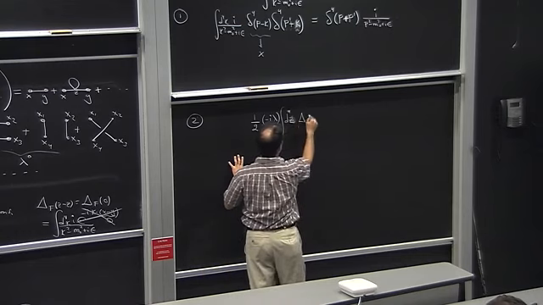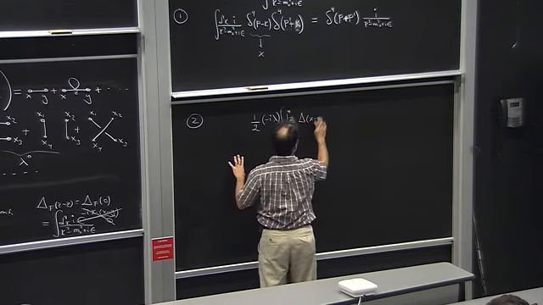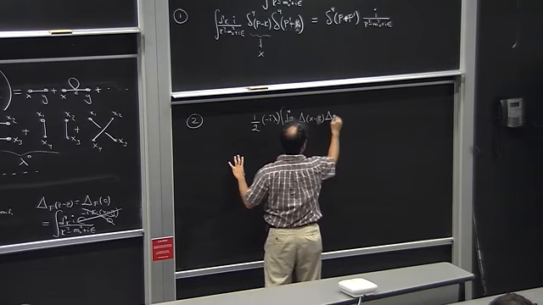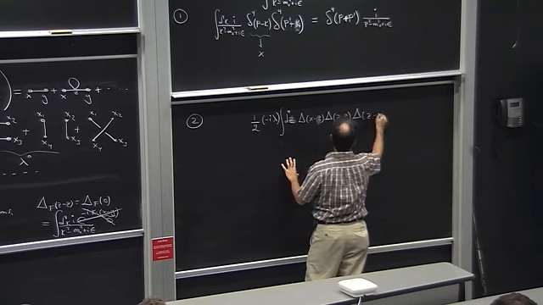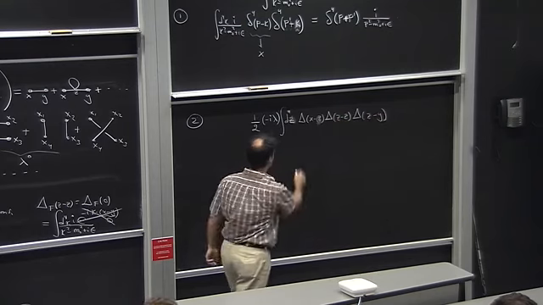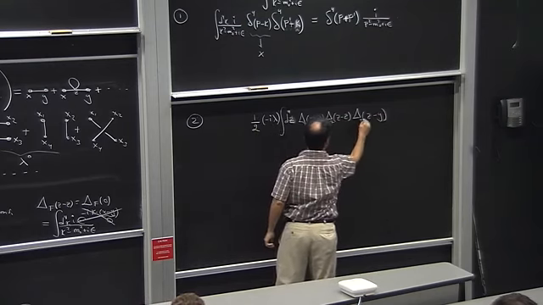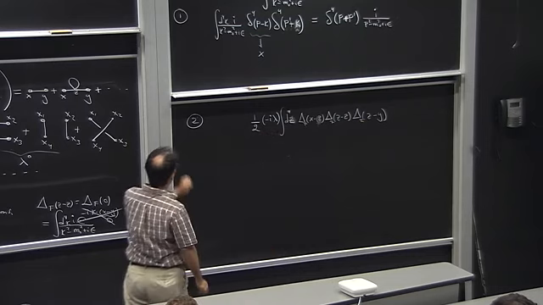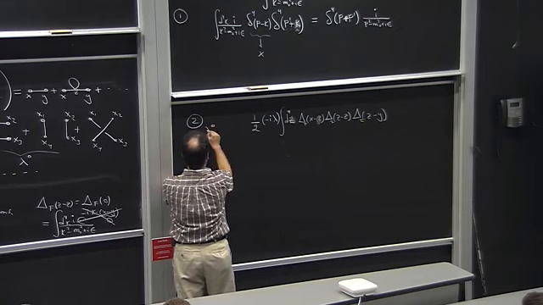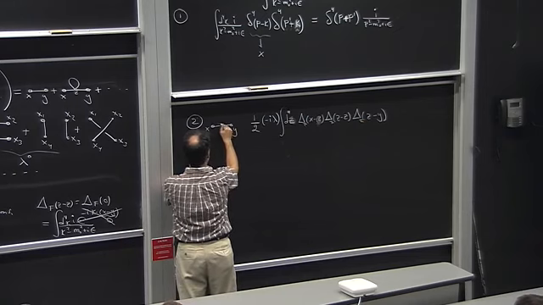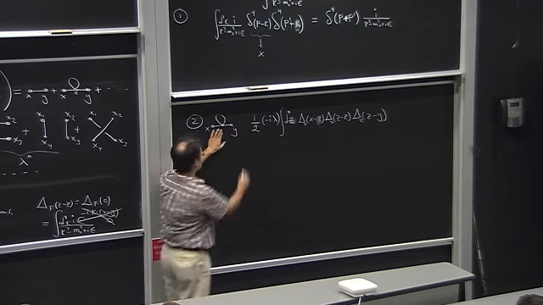So we're going to put delta of x minus z, delta of z minus z, and delta of z minus y. These are the Feynman propagators. Okay, so this is a contribution of the diagram. I mean, this is the actual function that we represent by this diagram.